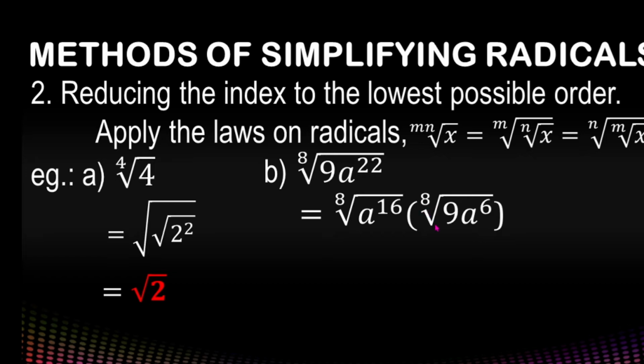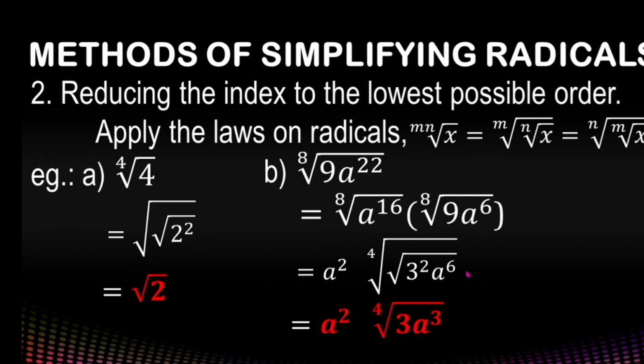So therefore, we have a square times the fourth root of the square root of 3 squared a raised to 6. Take note that if we are going to multiply the indices, we have 4 times 2, so we have 8. So simplifying the inner radical by applying the laws on radicals, therefore we have a square times the fourth root of 3a raised to 3. So as you can see, our radical expression is already in its simplest form.